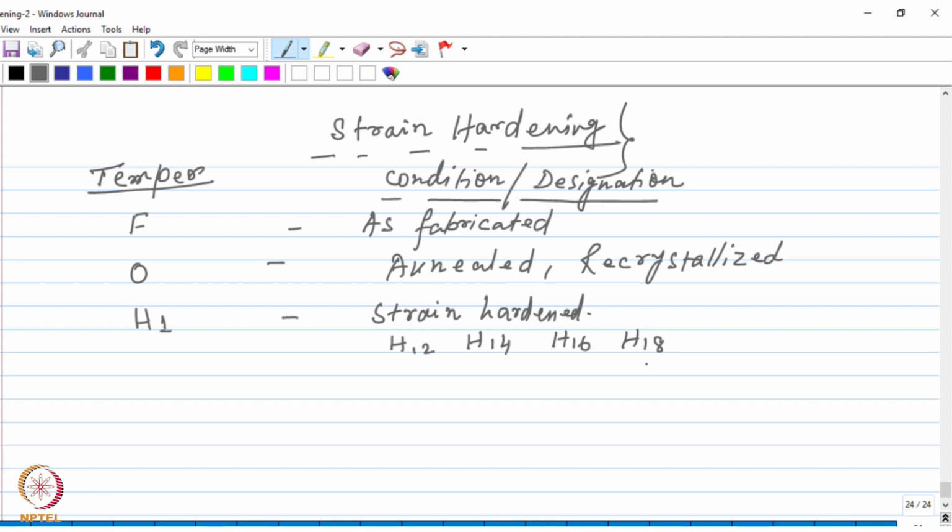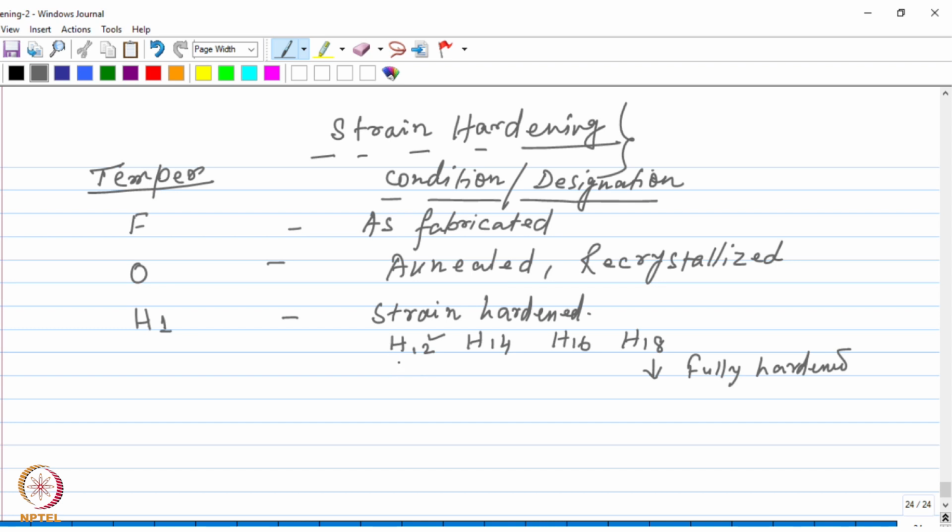So this one that you see over here, this means fully hardened. So 8 indicates fully hardened condition. And therefore the others will accordingly indicate the level of strain hardening. If 8 is 100%, then 2 will be 25%, right?